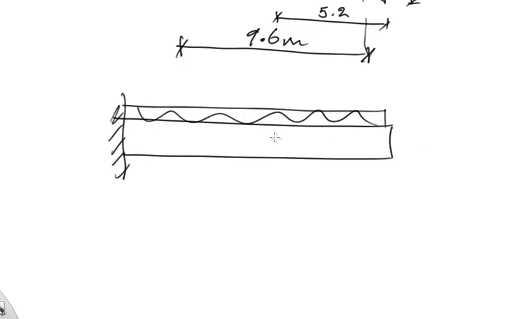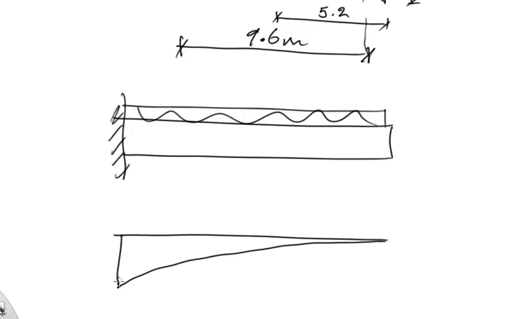I won't put the reinforcement here. So the moment diagram for this looks something like this. So it's negative. From that, I conclude that the tension, if this is the beam, happens on the top fiber. So basically the top fiber trying to open up and the bottom fiber trying to get together. That's the easy way of thinking about it.